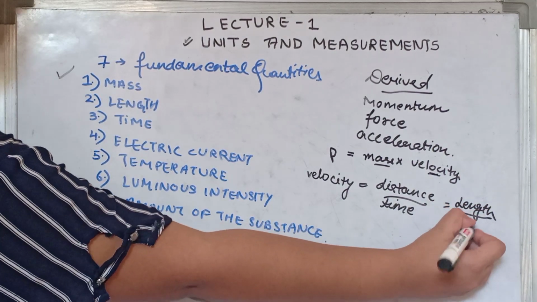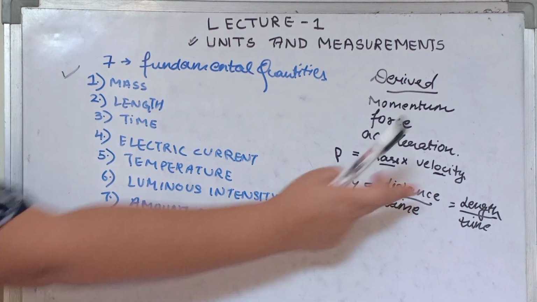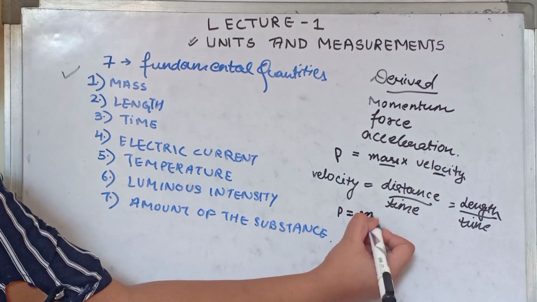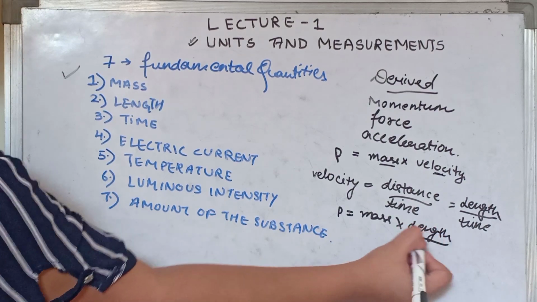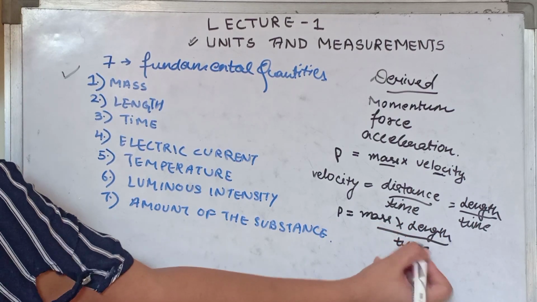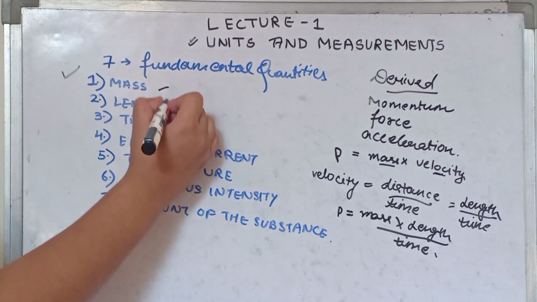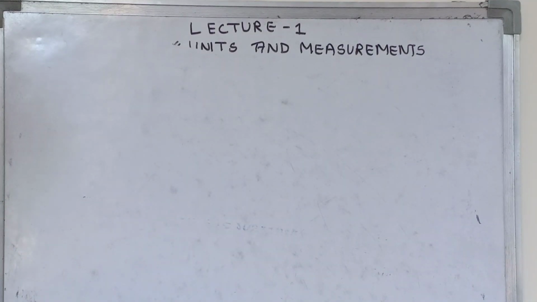So velocity is length upon time, and momentum becomes mass into length upon time. Have a look at all these 3 quantities: we have mass, length and time. So we have defined momentum in terms of 3 of the 7 fundamental quantities.